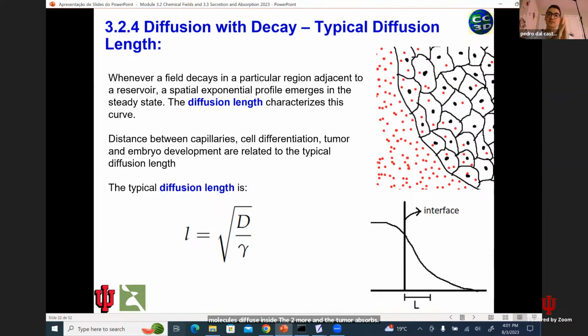So you will notice an exponential profile of the field as it penetrates the tumor. So what you expect in practice, if you plot the concentration as a function of the distance from the surface of the tumor, is an exponential decay in space.